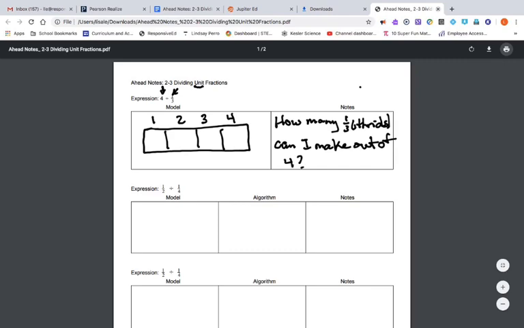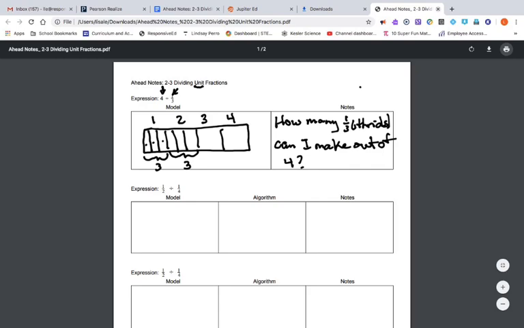So now we're going to go back and divide each of my wholes into thirds. Here's my first whole, and I'm going to divide that into thirds. As you can see, I have 1, 2, 3. I have 3 thirds out of that 1 whole. I do the same thing with my second whole. I do 1, 2, 3, and again, I have 3 thirds, because I know if I have all 3 of my thirds, I have a whole.